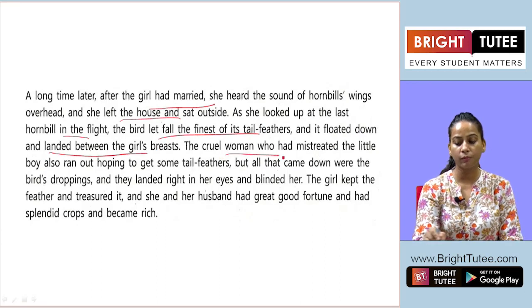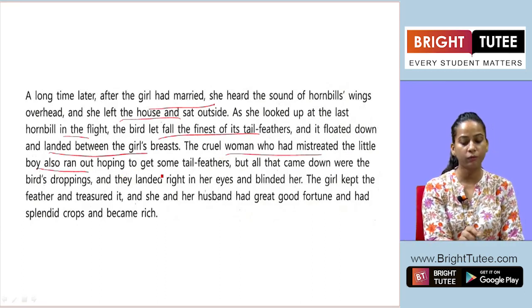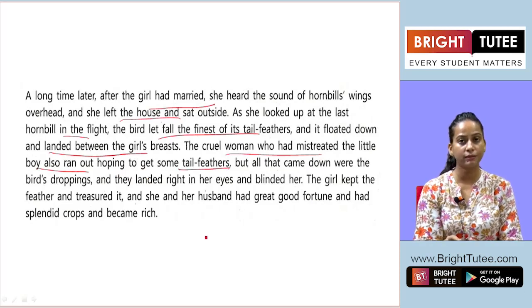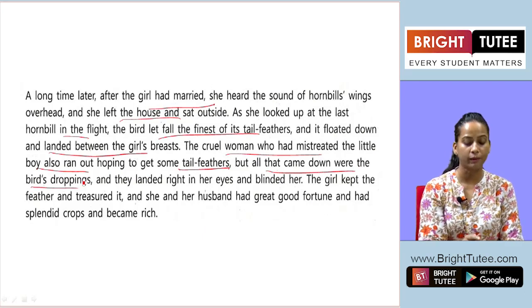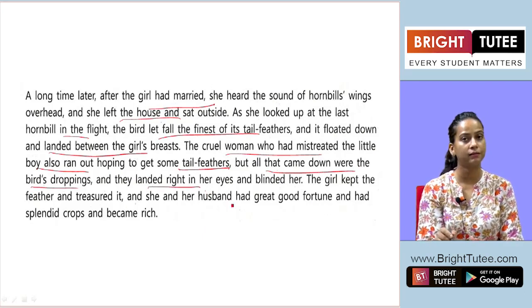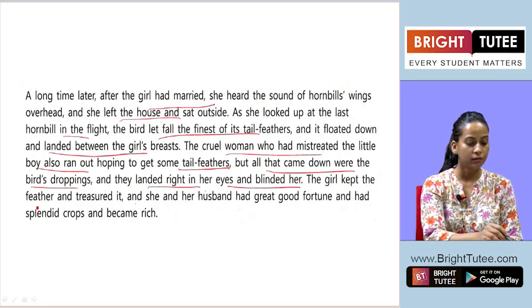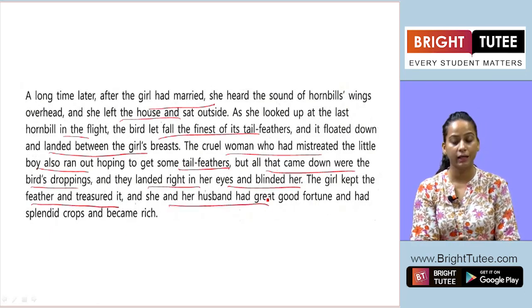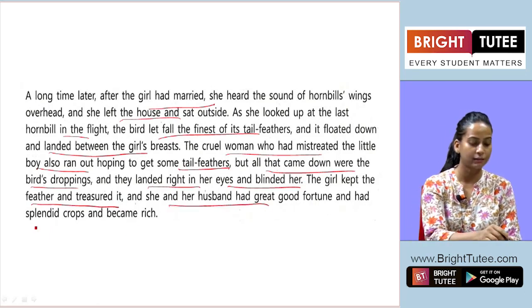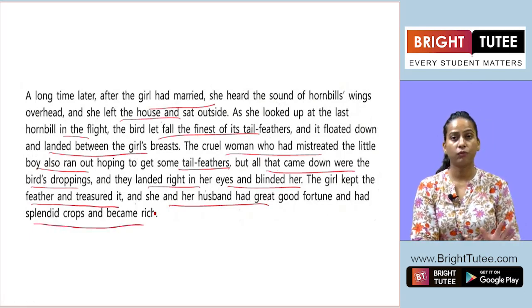The cruel woman who had mistreated the little boy also ran out, hoping to get some tail feathers, but all that came down were the bird's droppings, and they landed right in her eyes and blinded her. The girl kept the feather and treasured it, and she and her husband had great good fortune and had splendid crops and became rich. So this was the story.